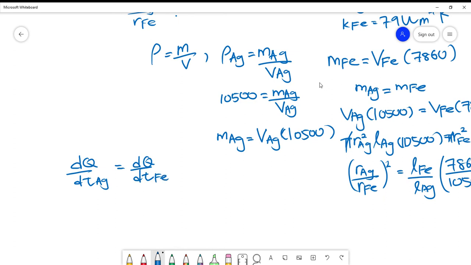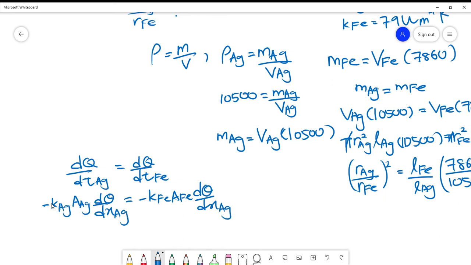So this one shall be K, A, where A is the cross-sectional area of the silver, and this one is the temperature gradient. So minus K_Fe A_Fe d theta over dx, and this one should be the iron.